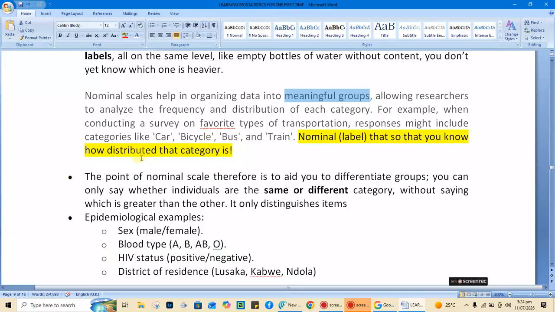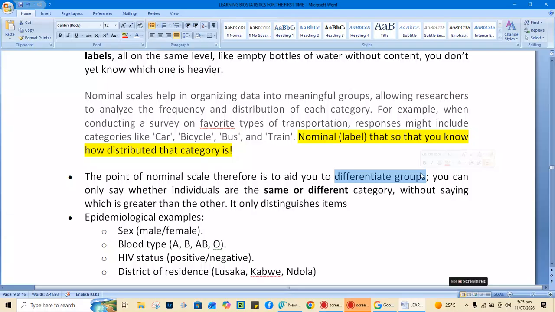Now the point here is that nominal scales just help you to differentiate groups. Okay, to know that these are married, these are not, these have the disease, these do not have the disease. And these having the disease does not mean that they're disadvantaged compared to those who do not have the disease.